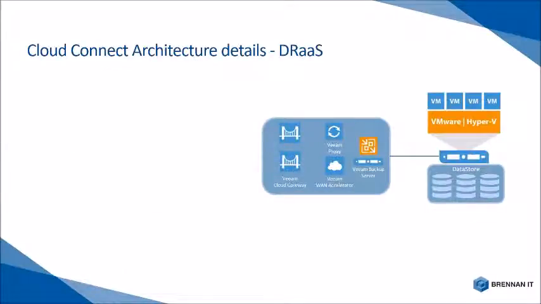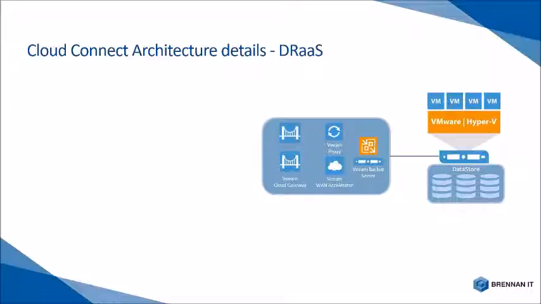Now, DR as a service deals more with your workload. Let's say you have Exchange and SQL Server, and those servers are very, very important. In our demo, for example, I replicate my domain controller to the Brennan IT data center, and I will be able to fail over and move my workload from on-premises to the Brennan IT data center, and then access it remotely.